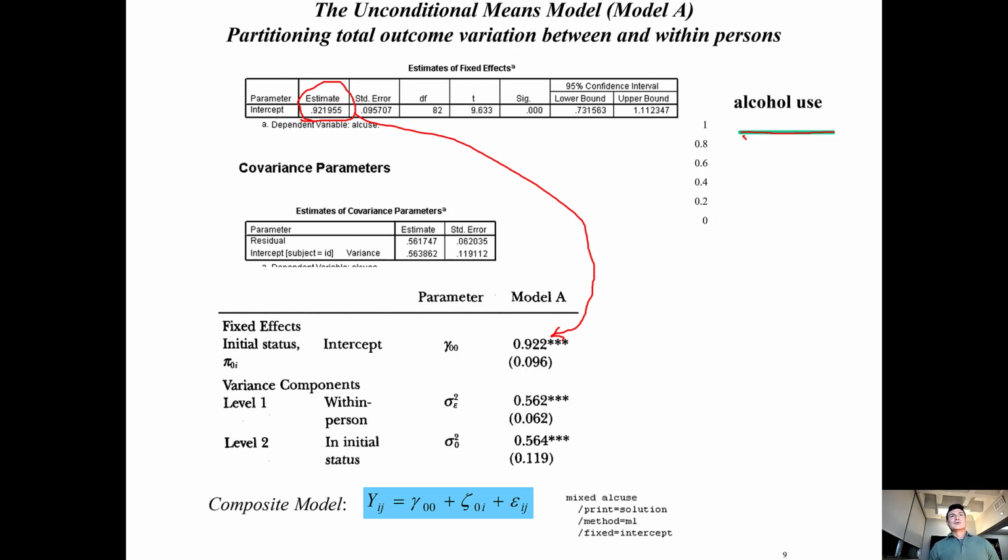I've got my residual, which is what's left over in the person after I fit that line. So this is the 0.562. And then I've got my intercept. This is the variance around that intercept, the adjustment for each person's intercept. So that's this value here.